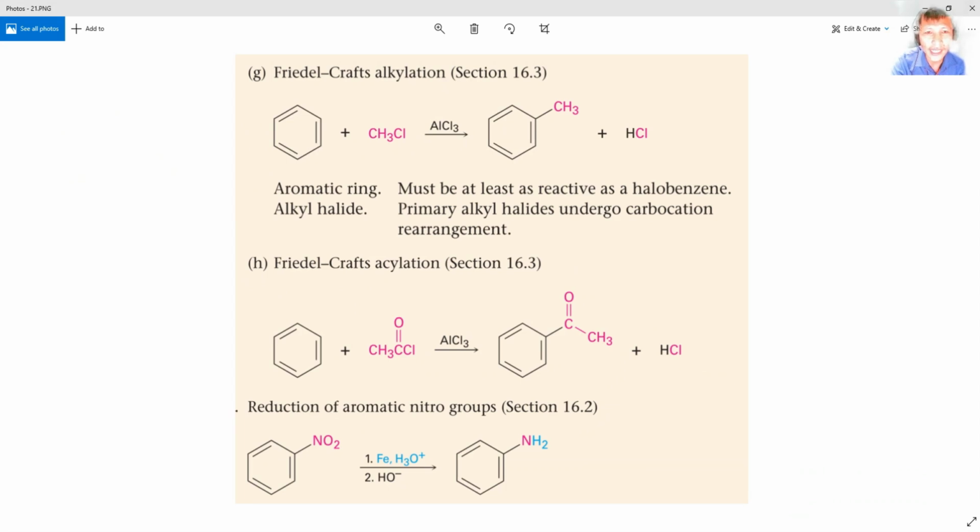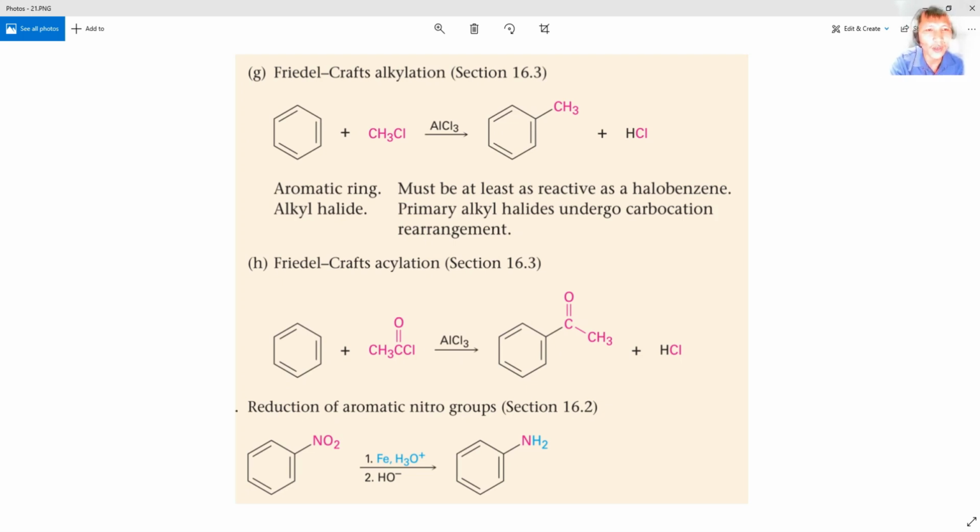It is emphasized here that it is an alkyl halide. It must be a primary alkyl halide, meaning the carbon of that type of alkyl halide has the most hydrogen, not the secondary or the tertiary type of alkyl halide.